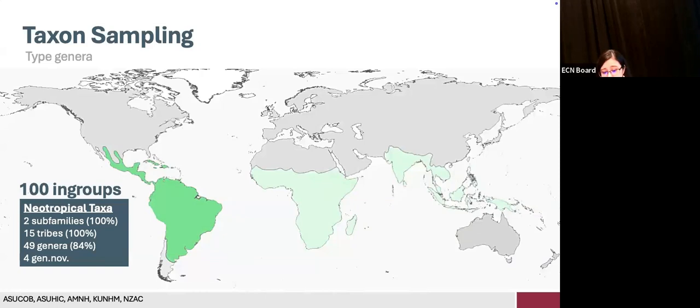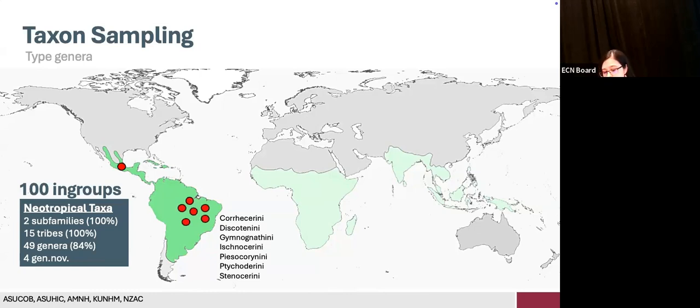So I ended up with 100 species of anthribids from the neotropics, the two subfamilies that were recorded, 15 tribes, 49 of the 61 genera recorded, plus 4 new, maybe 6, 8, a lot of new groups over there.